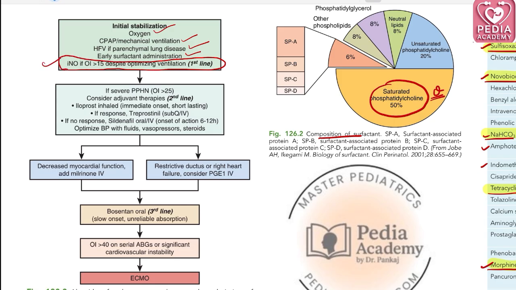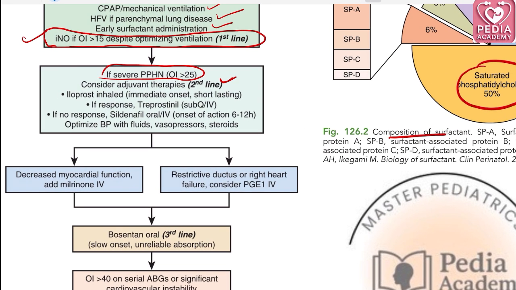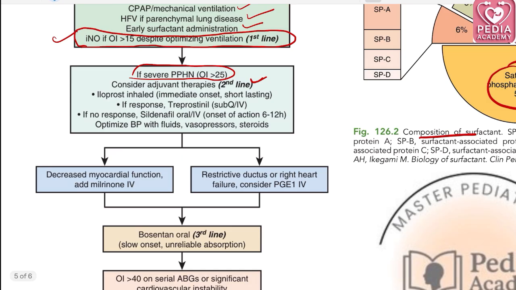So what is first line is iNO if oxygenation index is more than 15. If severe PPHN, that is OI is more than 25, consider adjuvant therapy, second line. So what is the adjuvant therapy? Iloprost, and next is treprostinil, sildenafil, and optimize BP with fluids and vasopressors.